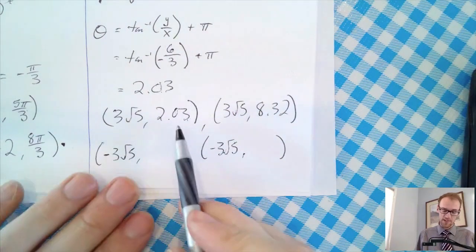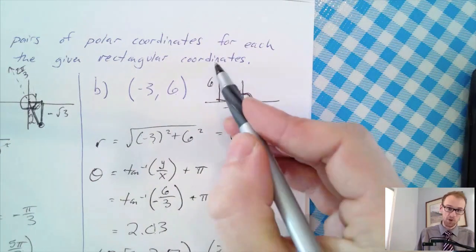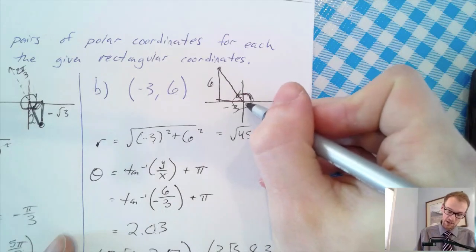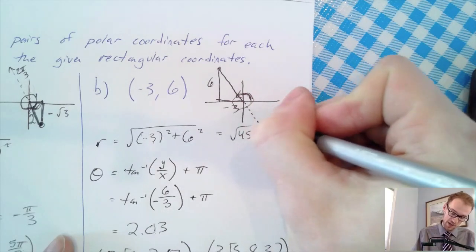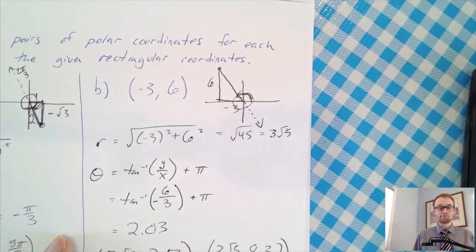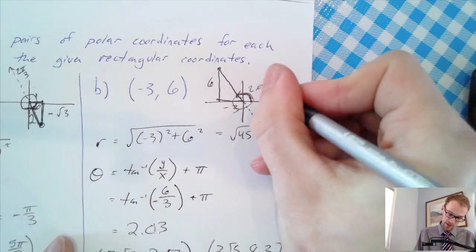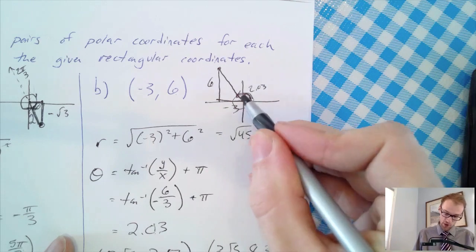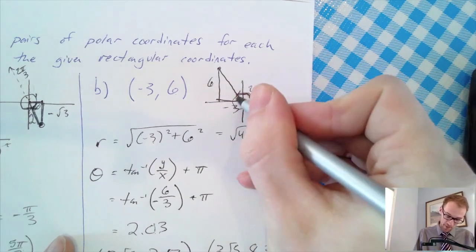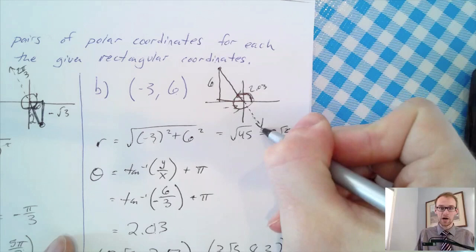So I take 2.03, and remember, to achieve this point with a negative radius, I need my angle theta to be facing the opposite direction. So rather than 2.03 radians, I need 2.03 plus, how many radians gets me halfway across? Pi.